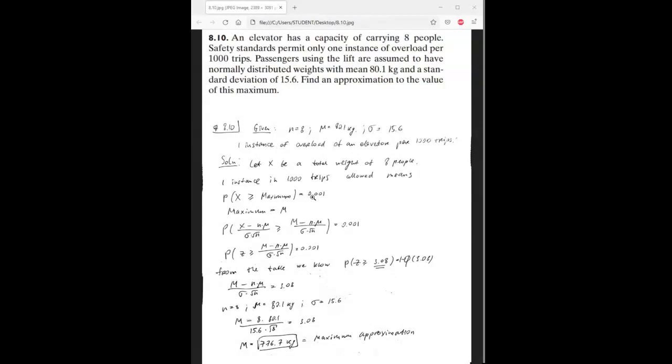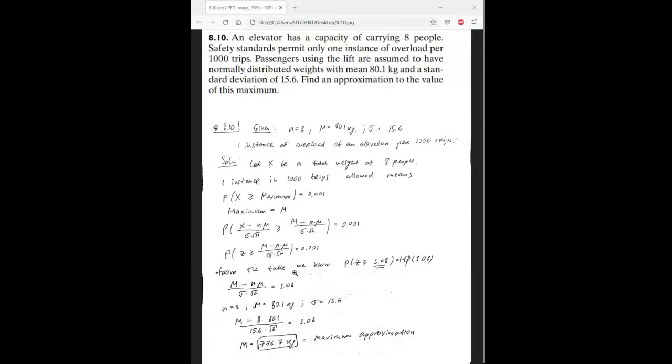That's right here. So apply the formula. Probability of Z more than maximum minus n, the number of people, multiplied by mu, the average weight of a person, over sigma multiplied by square root of n, equal to 1/1,000.